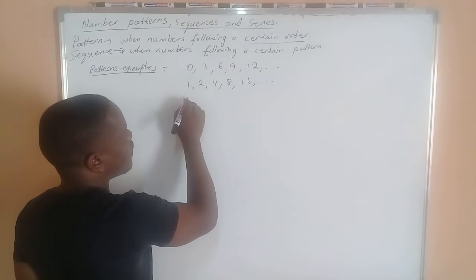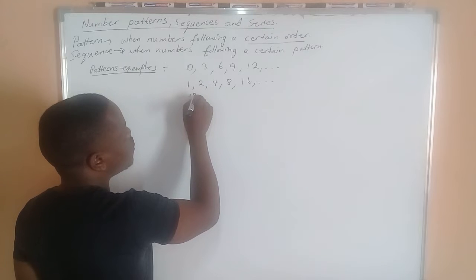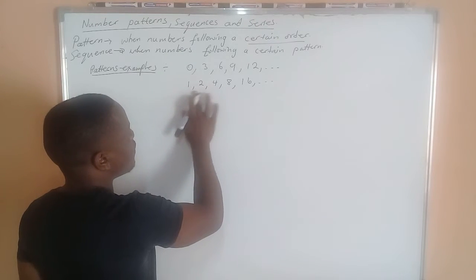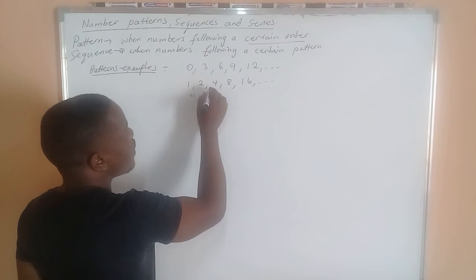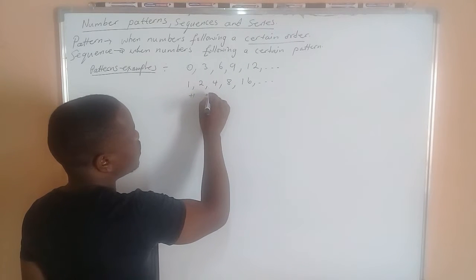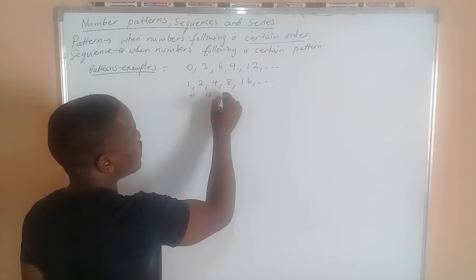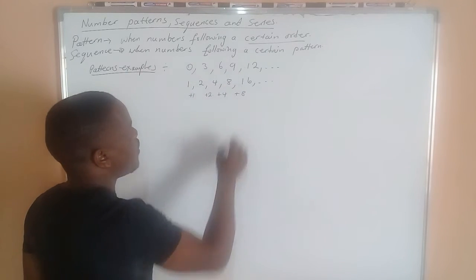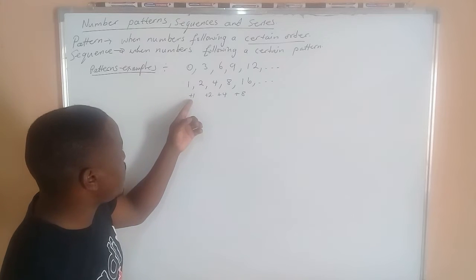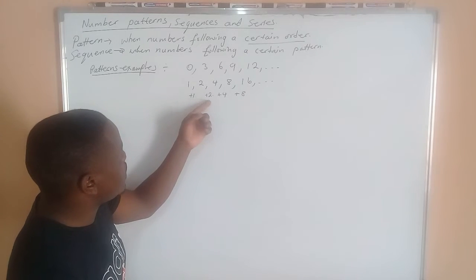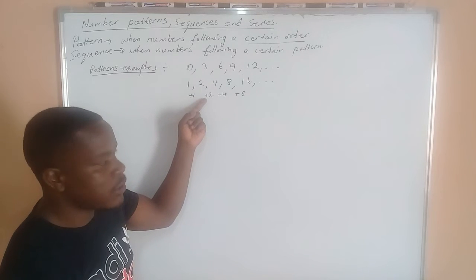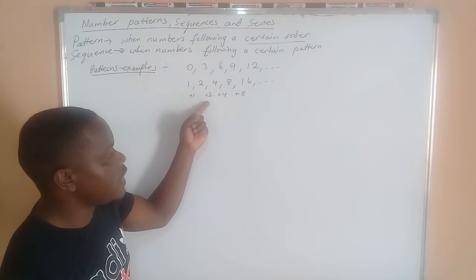If we check here, I've added 1. Here I've added 2. Here I've added 4. Here I've added 8. Right? But now, if you see, for each next number, you are going to multiply the previous difference by 2.